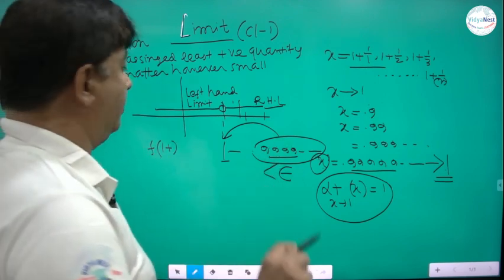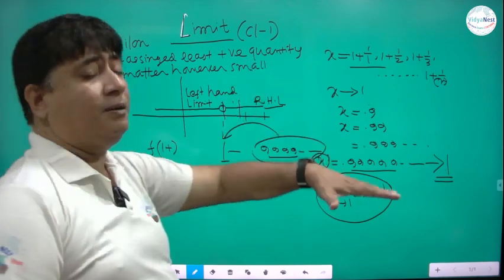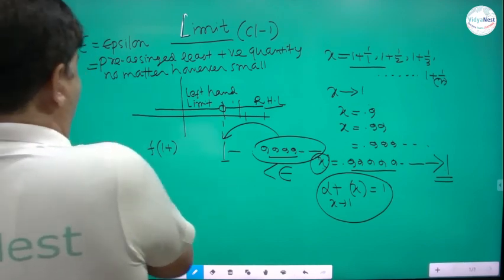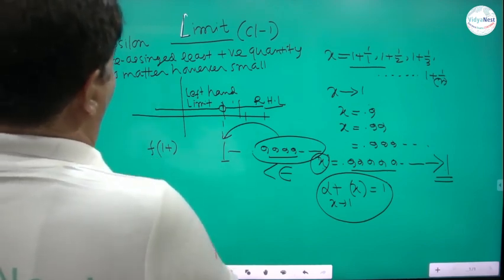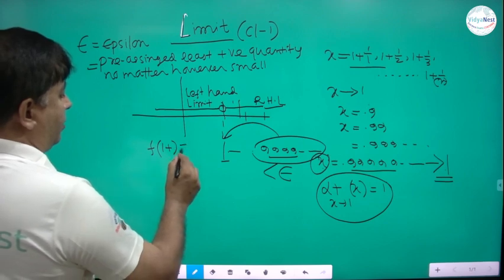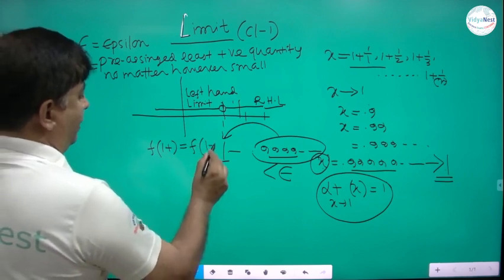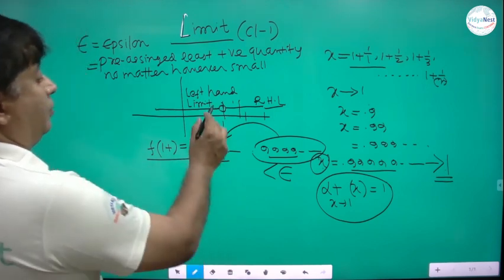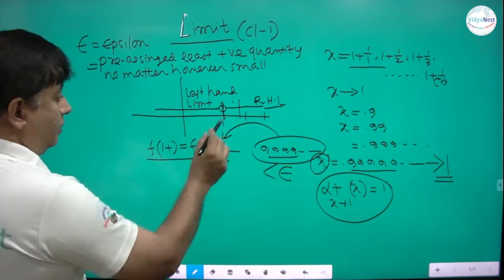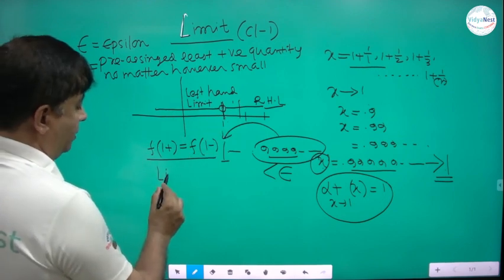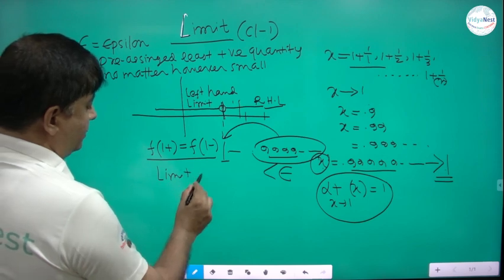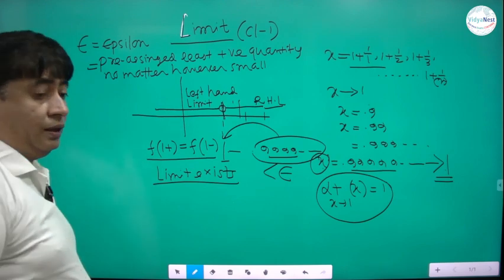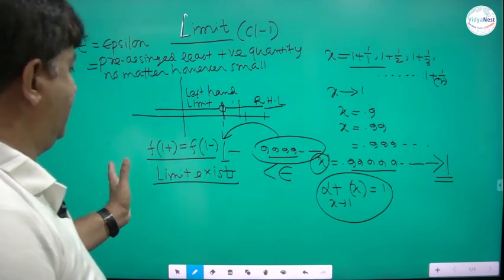Not plus 1. 1 plus means right hand side of 1. f1 plus is equal to f1 minus. Then you can say limit exists.